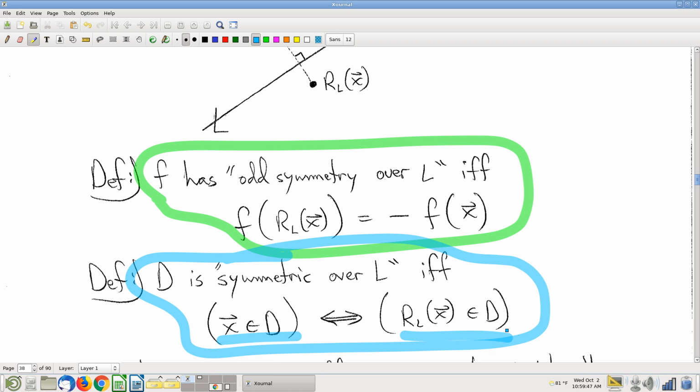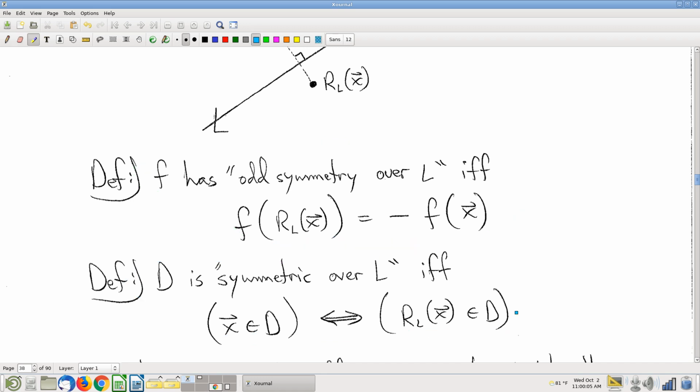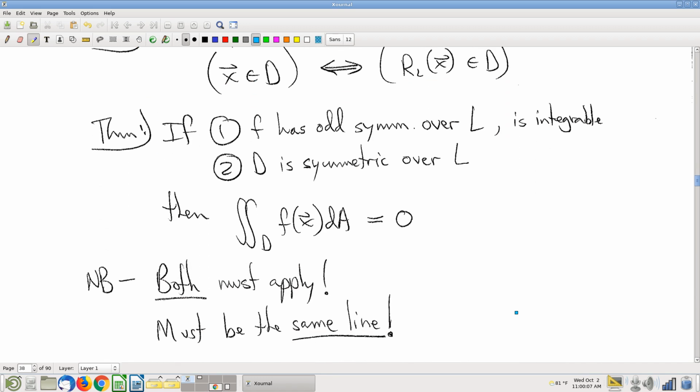Y'all know what I'm talking about with the Rorschach tests, right? The ink blot, and you fold the paper over, and some people see dragons or whatever. So those are symmetric, because anything over here has a corresponding piece over there. Okay. With all that set up, here's our theorem.